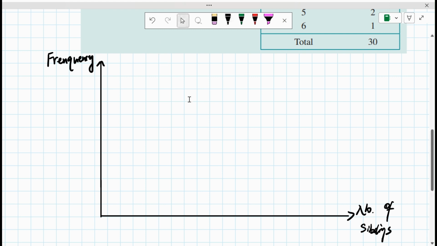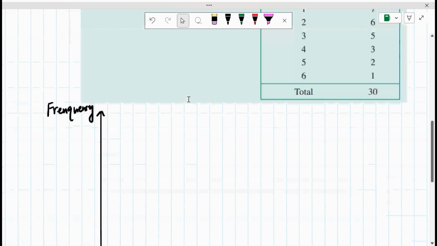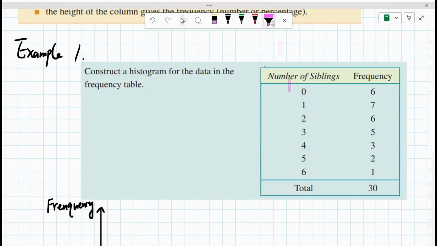Perfect. Now let's start with 0 to 6, from the highlighting.